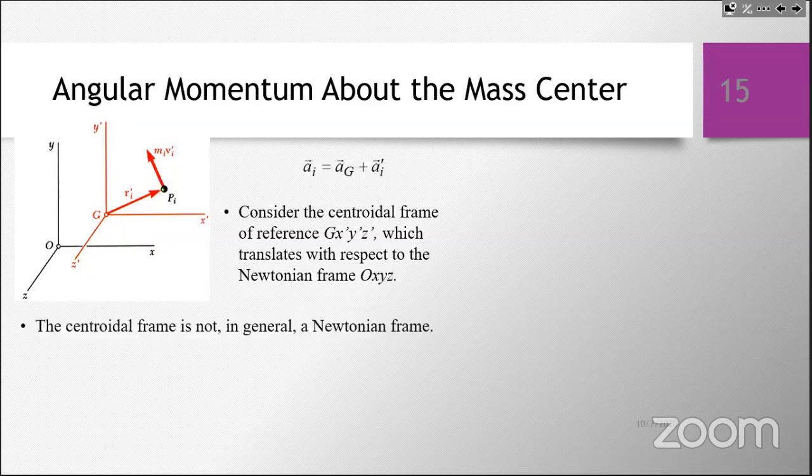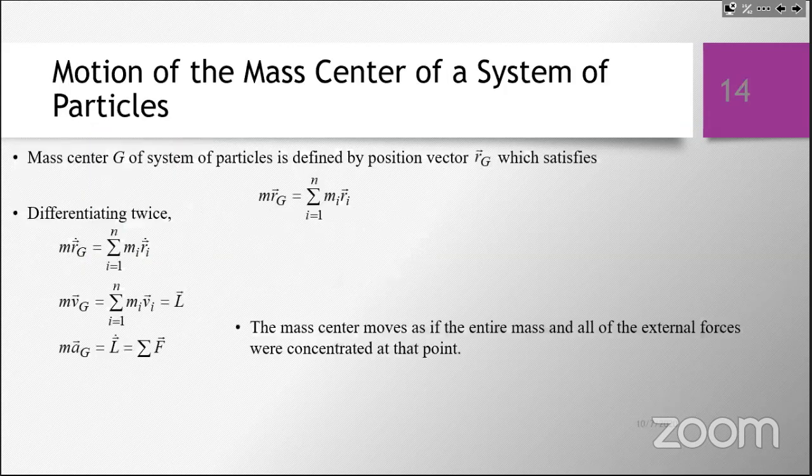The centroidal frame is not in general a Newtonian frame, meaning that it is not fixed. Remember, when you hear that there's a Newtonian frame, that means that it's fixed.